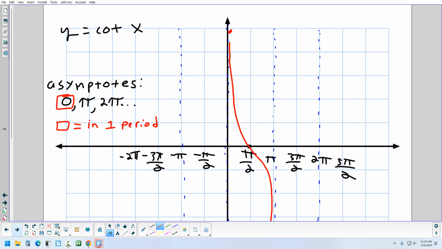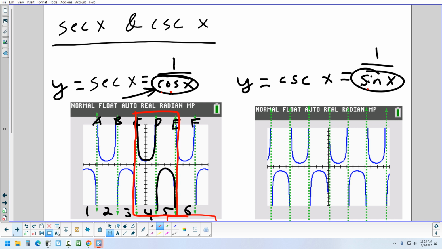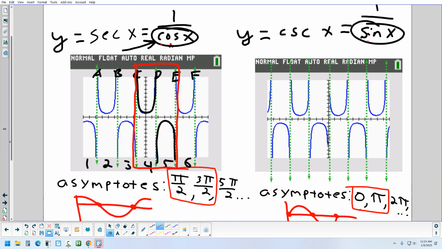How about for cotangent? What's the first asymptote that you hit? We'll say it this way: the first one you hit that's not negative. 0. Yeah, it's not positive, it's not negative. So 0 is the first one for cotangent. How about for cosecant? What are the first 2 asymptotes you hit that are not negative? 0 and pi. And for secant, what are the first 2 asymptotes you hit that are not negative?